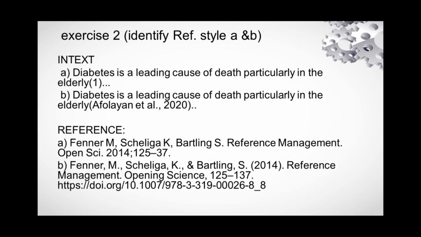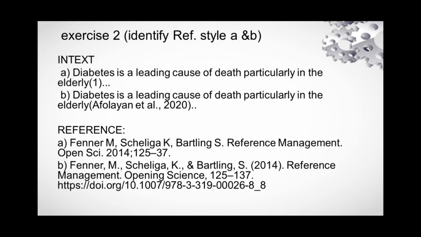Another thing to identify Vancouver is that in Vancouver, the name of the journal is never written in full. You can see Open Science. The name of the journal is usually written in the nickname or the popular name by which that journal is known.